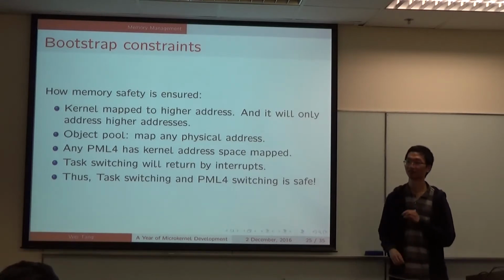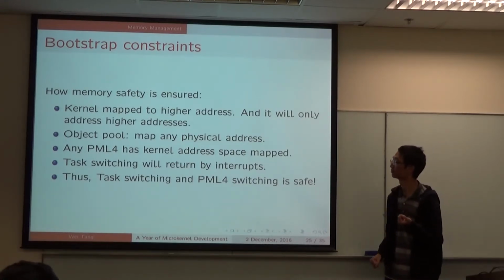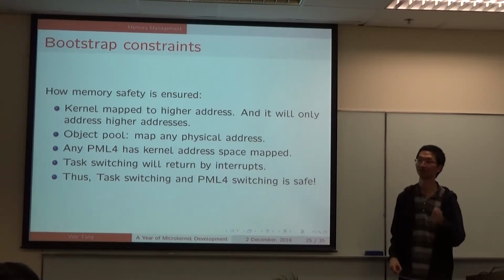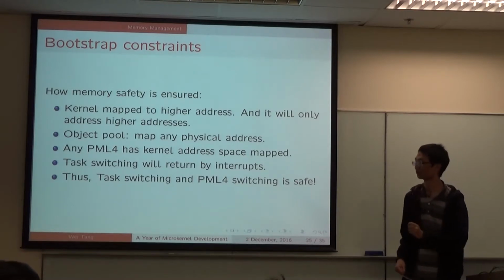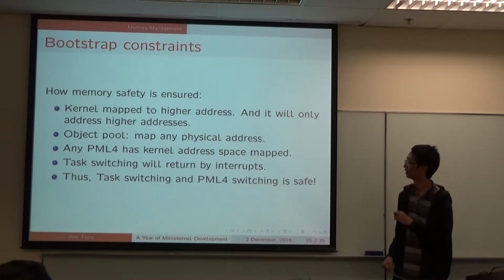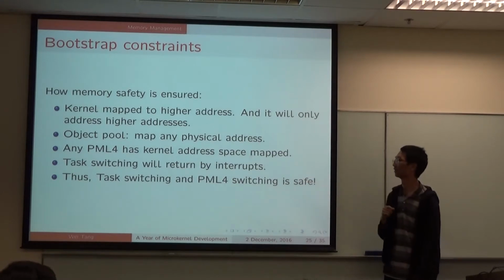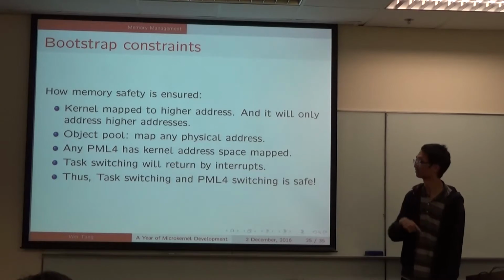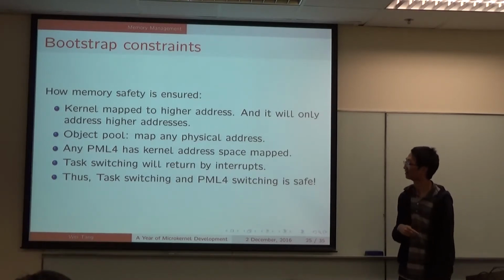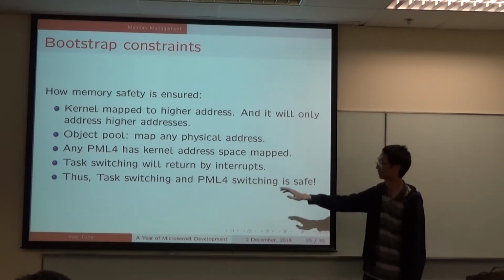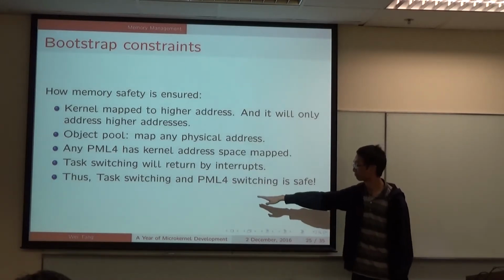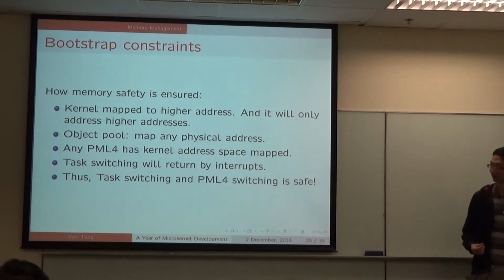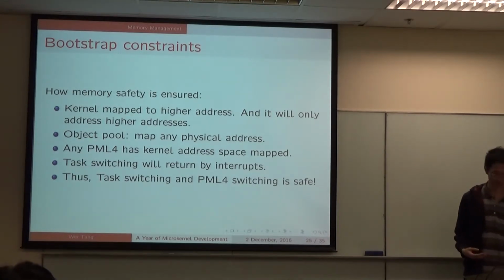So in this case, the kernel address space is always available, and I make sure that when I access a kernel address, it won't trigger page faults. And context switching will return by interrupt, as I've said, just like a function return. In this case, surprisingly, I can make context switching and also page switching safe, so it won't have any memory safety issue.